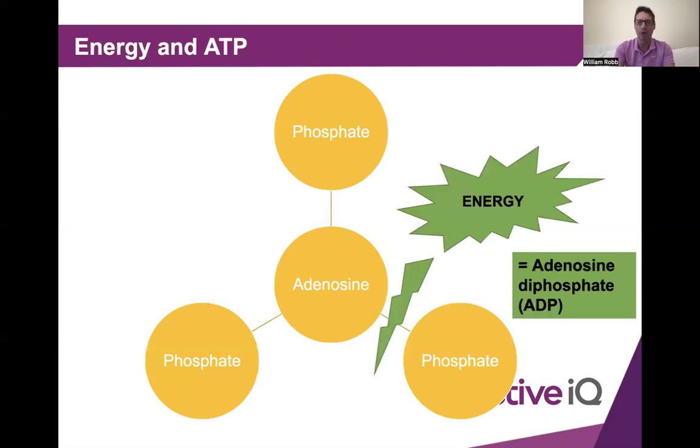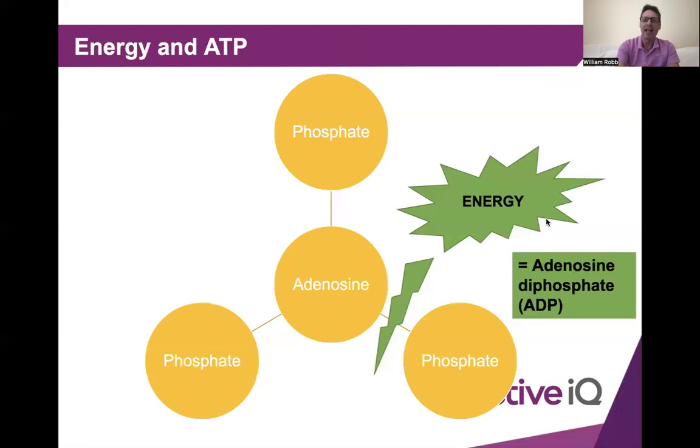So here you can see 1, 2, 3 phosphates and 1 adenosine. As one phosphate is released here, it creates that energy. Once the phosphate is released and the energy is created, we are left with adenosine diphosphate, 1, 2.